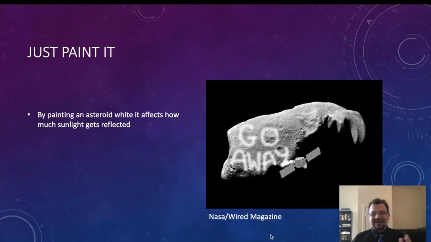We can take that uncertainty and engineer it for our own purposes and go, hey, look, if it's white, it's going to get pushed out further, and that's going to cause it to miss. And we don't need to miss by very much. Space is big, Earth is small. Missing by a little bit is enough to keep us safe.